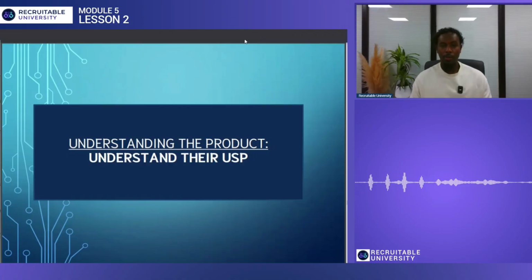This moves us to understanding the USP, the unique selling points. What are the unique selling points of your candidates? What I like to do is list out the USPs as a few bullet points. Whenever I'm sending an email, I put in a few bullet points, the things that stand out about my candidate.